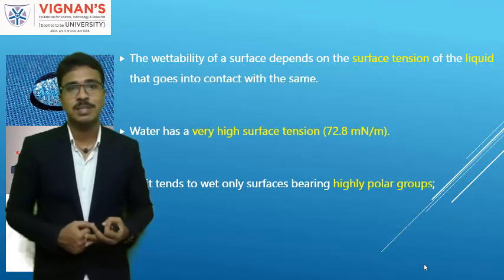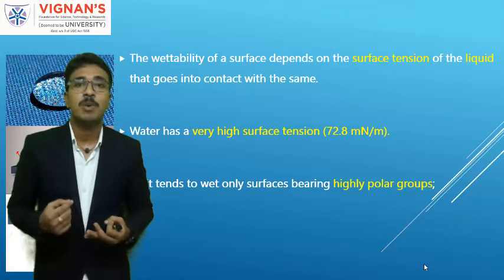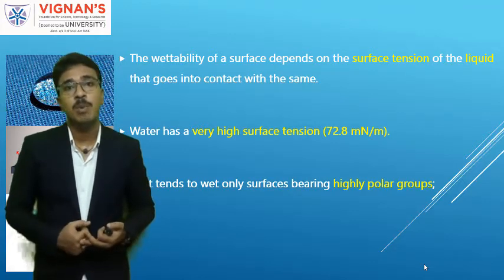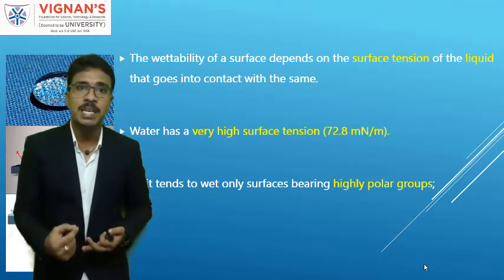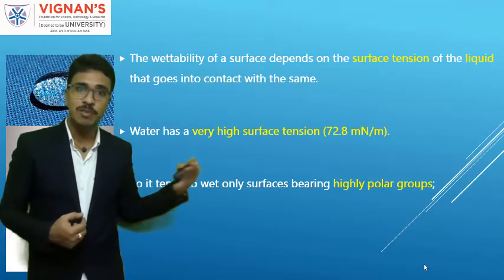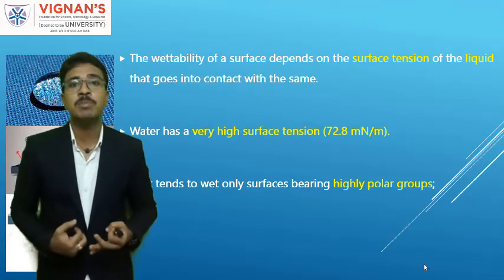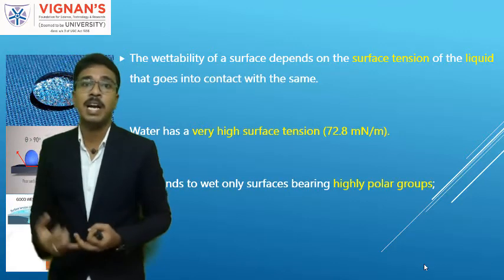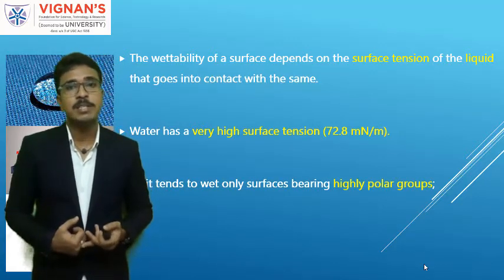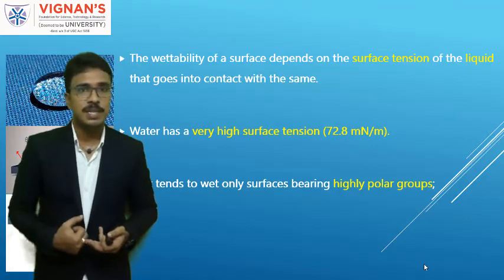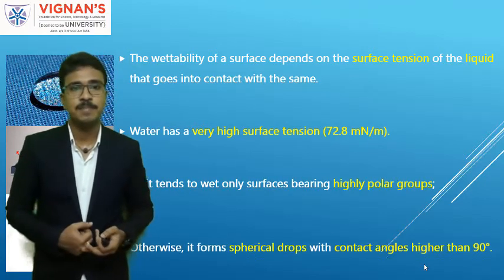Just think about it. Obviously, polyester doesn't have any polar groups. That makes polyester hydrophobic, and the presence of polar groups makes the cotton fabric hydrophilic. Understand? This is the thing.